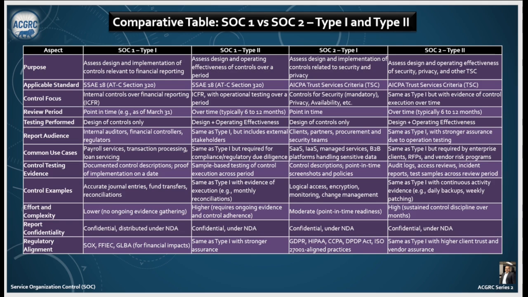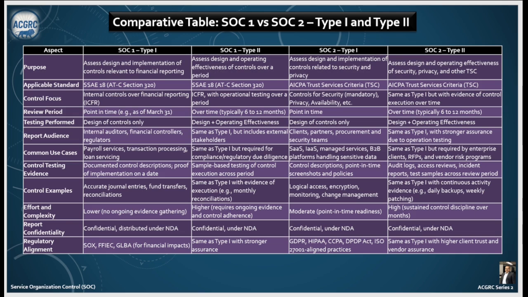At the very top, from a purpose perspective, SOC 1 Type 1 is about design: looking at your design and implementation of controls relevant to financial reporting. Type 2 is to assess the design and operating effectiveness. First is design review, second is operating review.